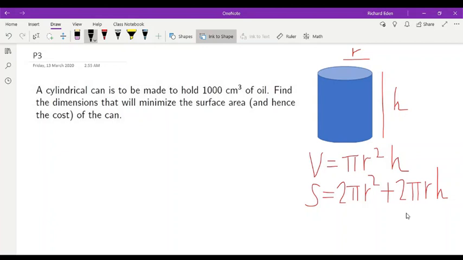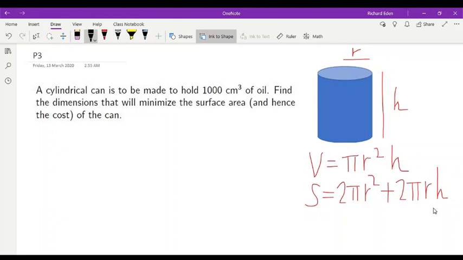So we have to find the area of this rectangle. It has height h, so that explains this factor in the second term. And then the other dimension of that rectangle is how far you have to go around the circle. So that's 2 pi r. So the second term of the surface area is 2 pi r h.